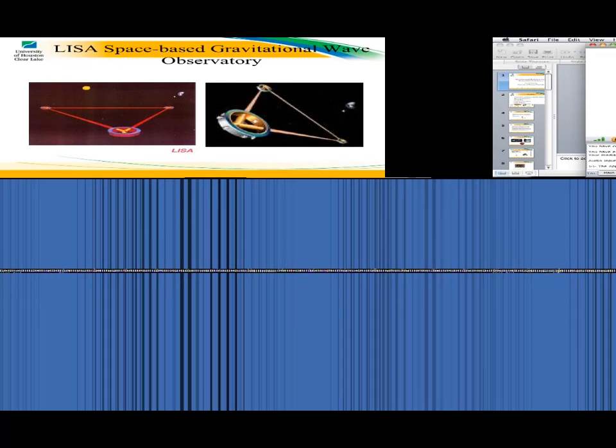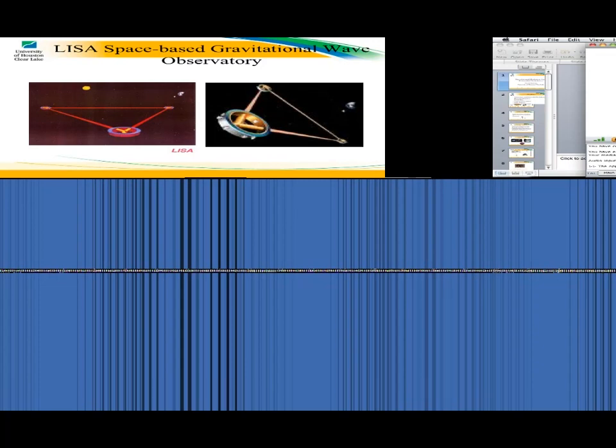So the idea here is you have 3 satellites flying in formation, shooting laser beams between them. It acts like two interferometers, like one here and one here, so that it can do its own triangulation of the signal. You can have a bigger arm length because they're in space, and space is cheap up there.